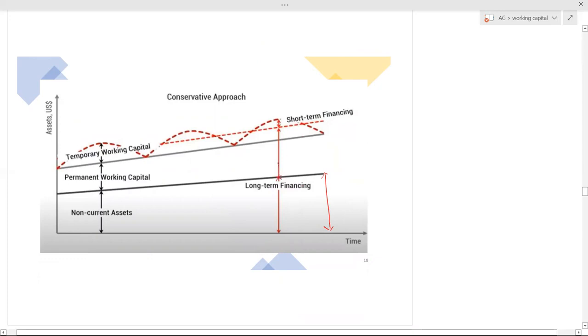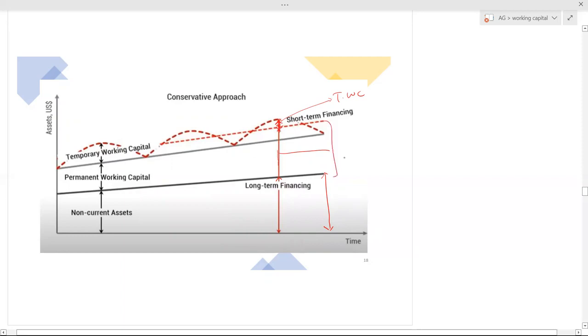And long-term fund is also used to buy, if you see, this part of working capital as well, right? It means that temporary working capital is also being bought with some part of the long-term funds.